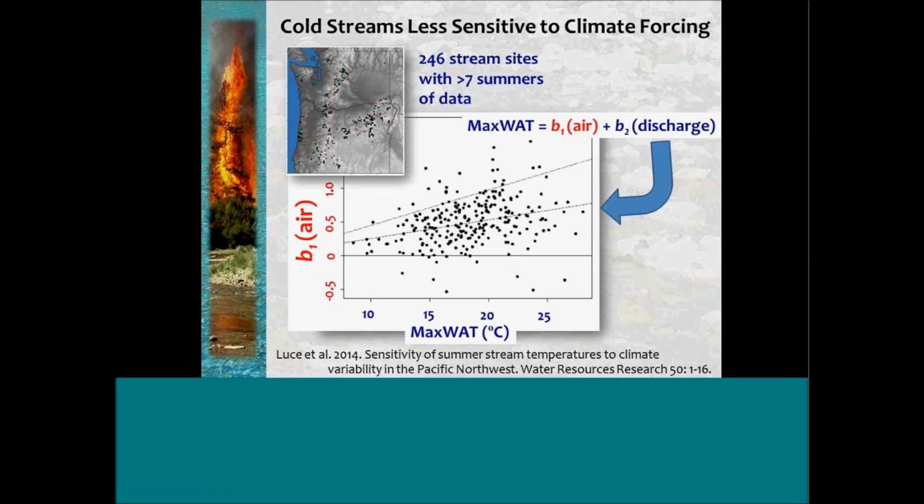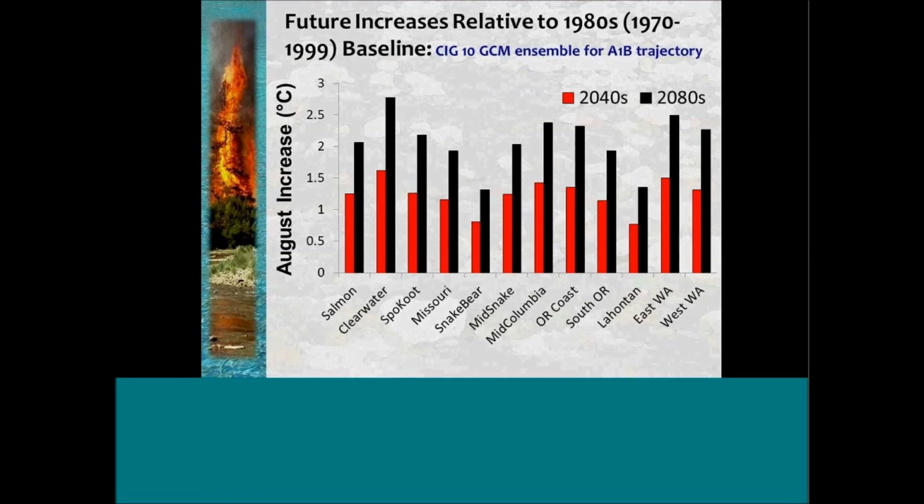The biggest thing that we found there, and that we incorporated into our climate scenarios, was this general pattern that streams that are colder are less sensitive or less responsive to climate forcing. So there's differential sensitivity in terms of how streams across that river network are going to change. We have incorporated that differential sensitivity into a subset of our future scenarios, and that is described in the metadata for those scenarios that account for it.